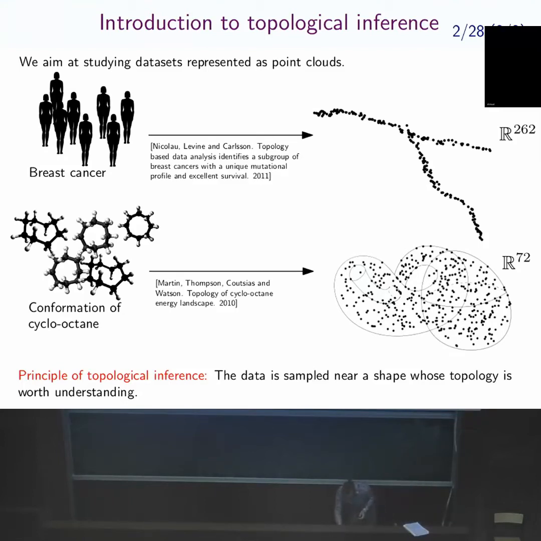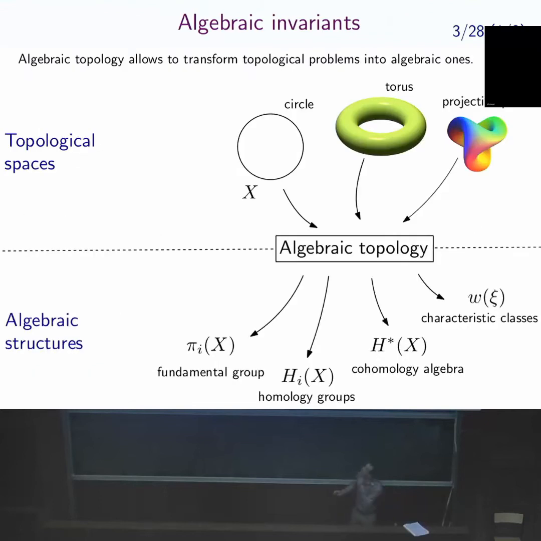And we will study these shapes via algebraic topology. Algebraic topology is a way to go from the wide world of topological spaces to the rigid world of algebraic structures. If you have a topological space as an input, you obtain algebraic structures such as vector spaces or algebras.